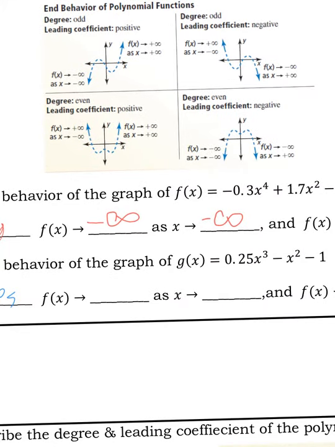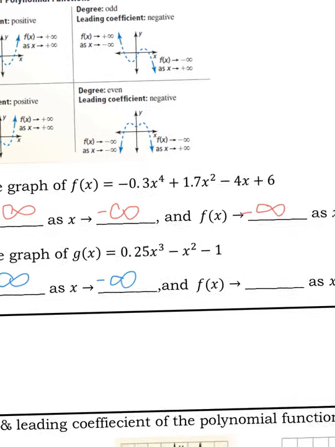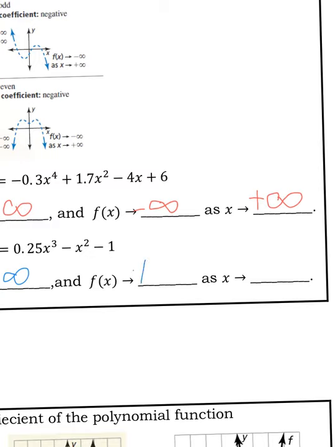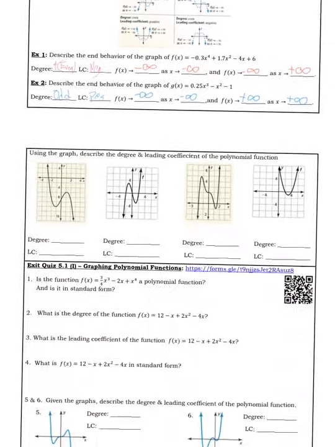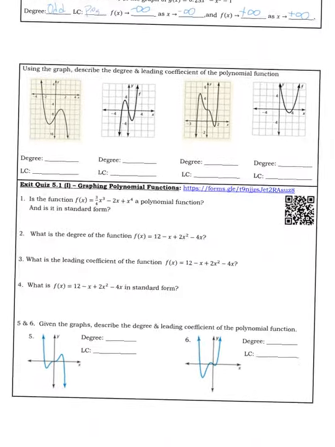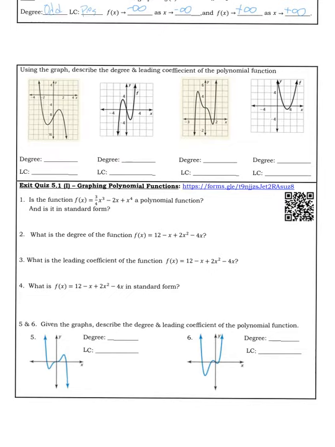So if you want to just copy it over, feel free to do so. But y values going down as x values go left, and then the y values are going up as the x values are going up. Okay? If it also helps, your x ones are always going to stay negative and positive. So the only ones that you really need to change are the y ones, the f of x, if that helps.